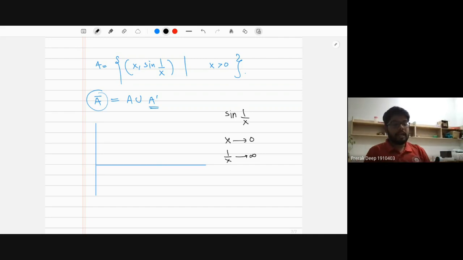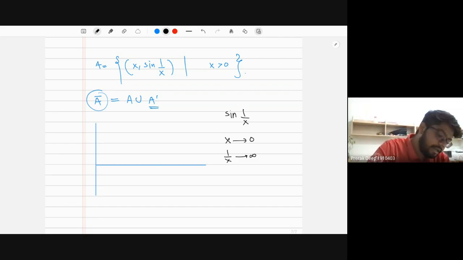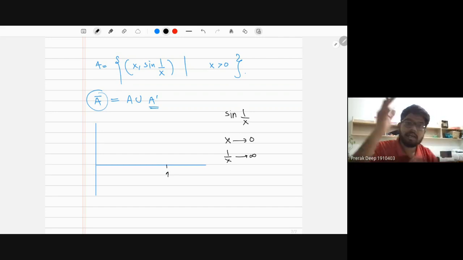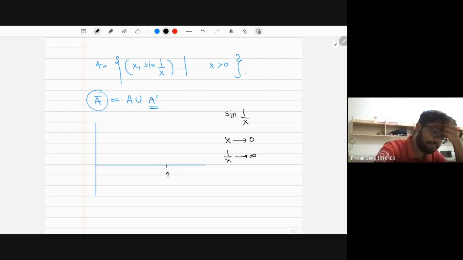The value of the sine function depends on how many times it goes up and down, since it is a periodic function, so it depends on how many integers you have passed through. As x moves towards 0, you will attain the maximum and minimum multiple times, and it goes rapidly. So you can't even distinguish the maximum and minimum in the sine curve as you approach 0.